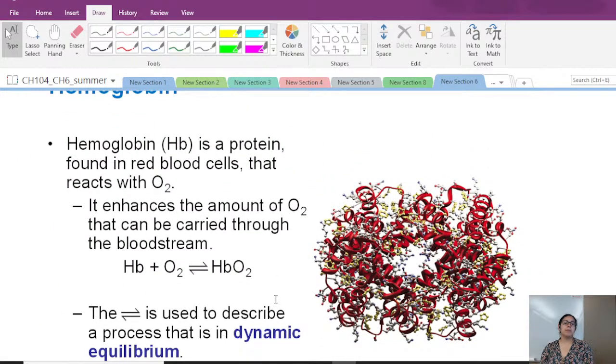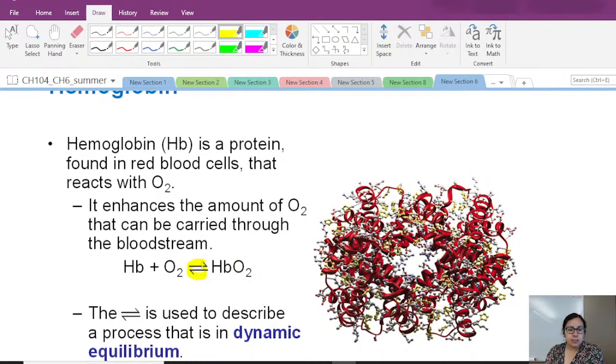So hemoglobin is a protein found in red blood cells that reacts with O2, and it's primarily iron-based. We might have discussed that before. But essentially, you have this equilibrium process. Basically, hemoglobin can bind with oxygen to give you this hemoglobin oxygen.